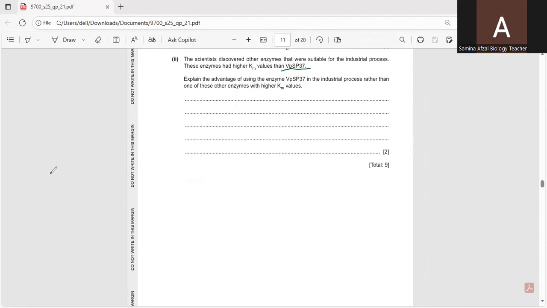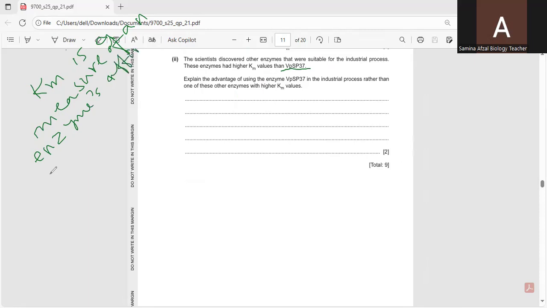So we need to recall the meaning of Km that we just discussed in the last question. Km is a measure of an enzyme's affinity for its substrate. Let me write it again for your convenience. Km is a measure of an enzyme's affinity for its substrate.